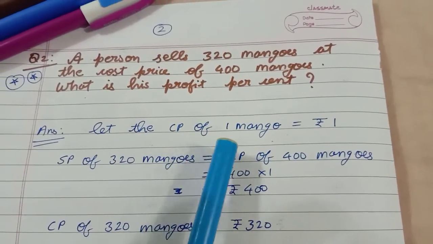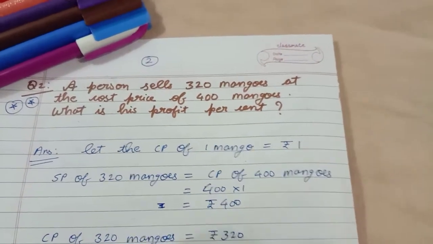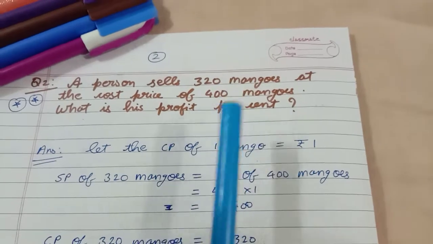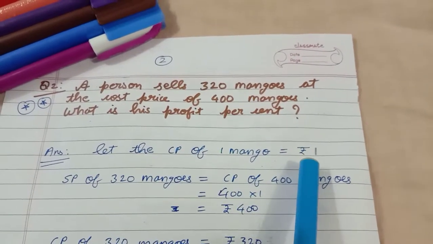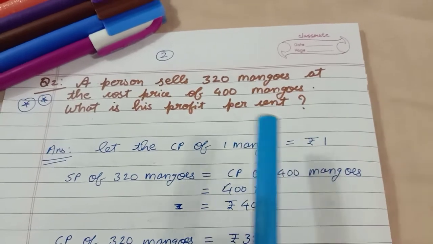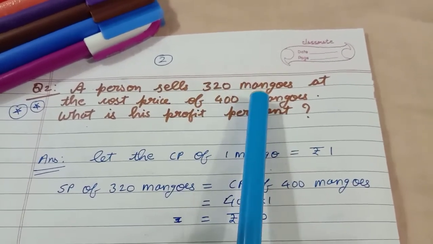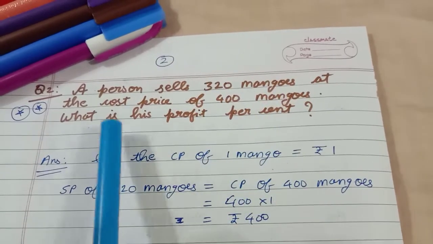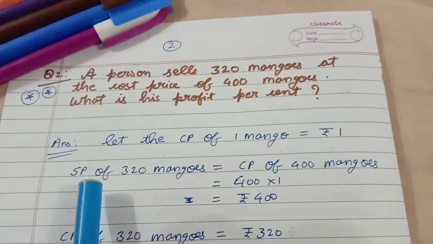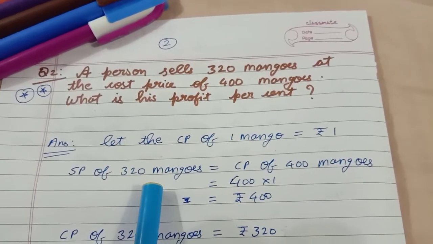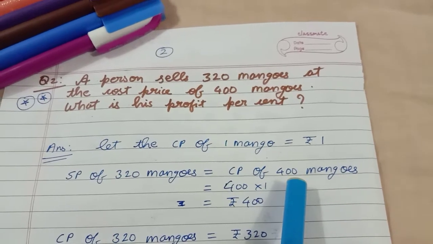Let the cost price of one mango be rupees 1. See, the problem given is different; I have started by assuming that the cost price of one mango is rupees 1. Now what he says is, he sells 320 mangoes at the cost price of 400 mangoes. That is, the selling price of 320 mangoes is equal to the cost price of 400 mangoes.